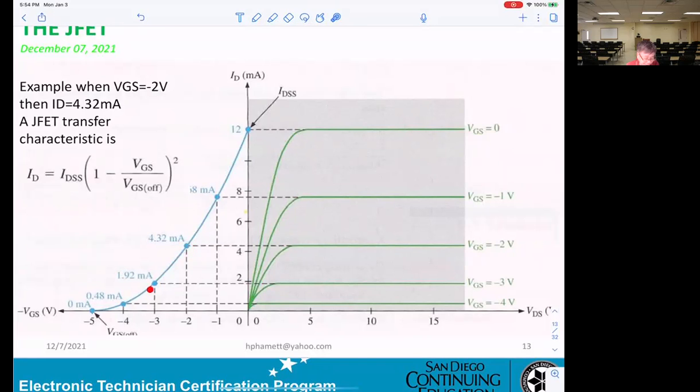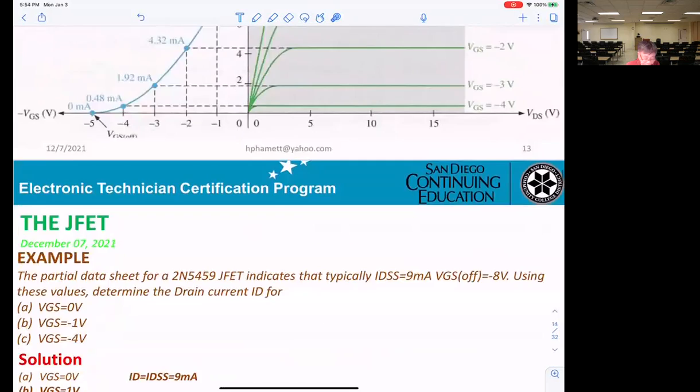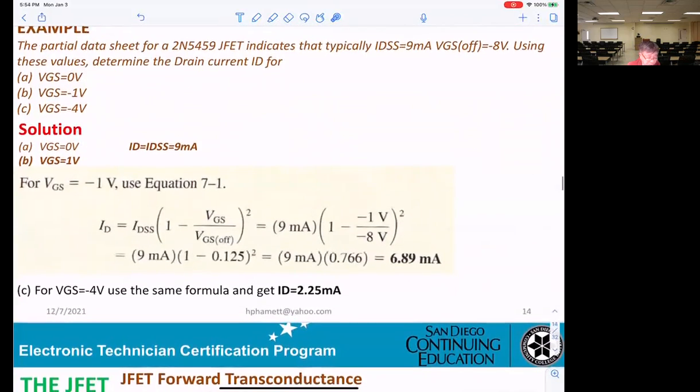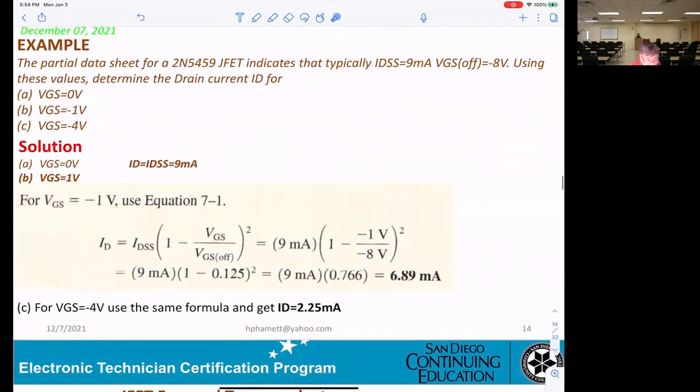And for each point on the curve, you can identify ID this way and identify VGS. And on the other side, they're just showing you the value for VGS. Okay, let's see.